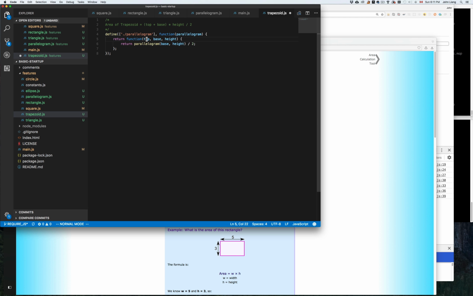So top, base, and height. So what we got here is the top plus the base, okay, times the height divided by 2. Alright, so let's save it. Go to the main.